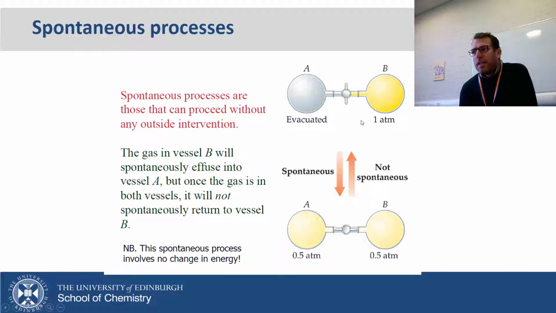The reverse process is not spontaneous. We would never be in a situation where all of the gas molecules in chamber A would flow over to B and leave a vacuum in A. Similarly, in this room that I am sitting in now, a combination of nitrogen, oxygen and so on, we would never have a situation where all the nitrogen would pile up on one side of the room and all of the oxygen would pile up on the other.